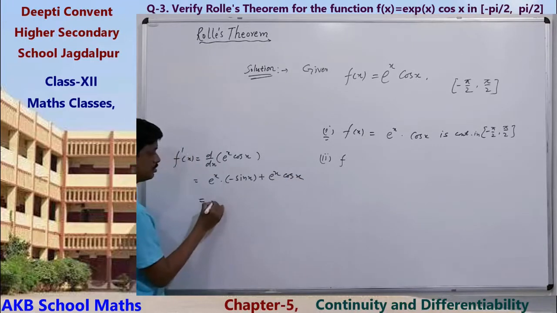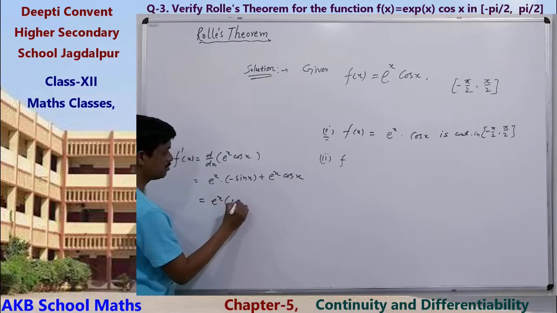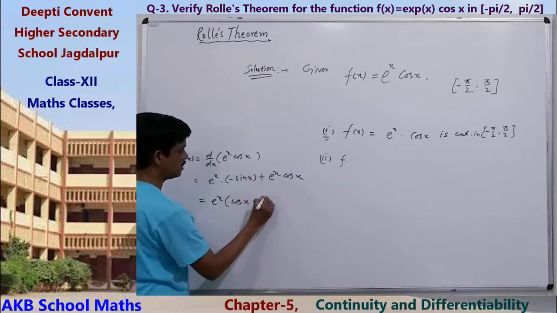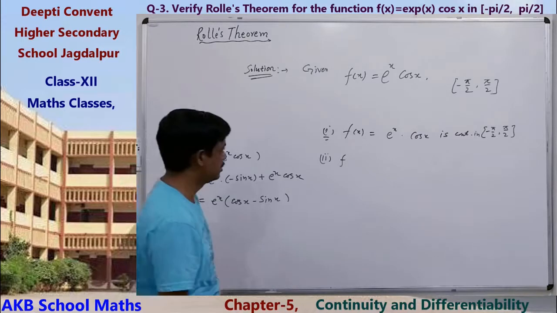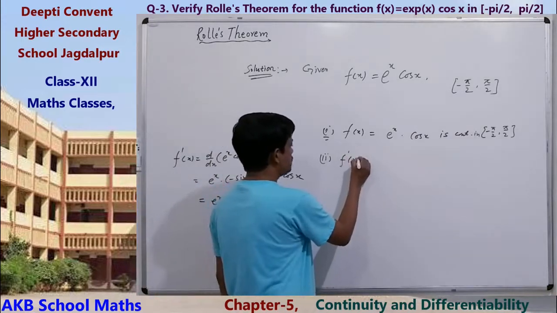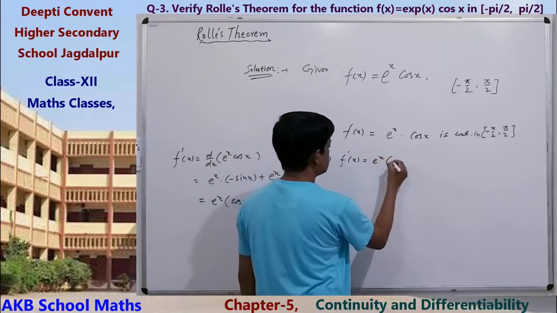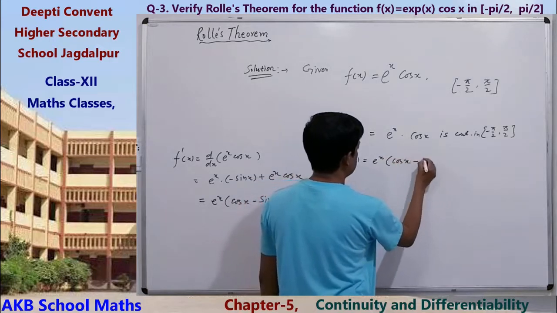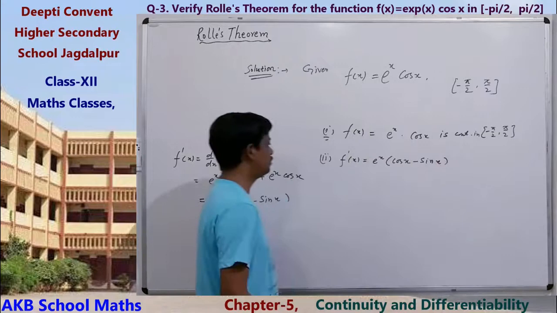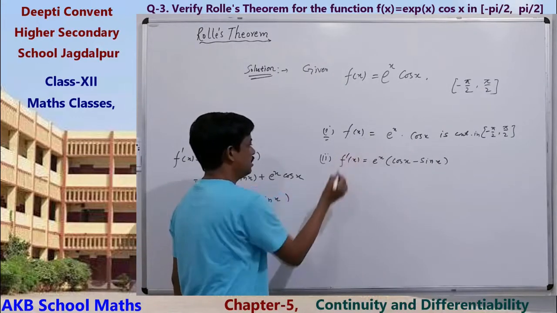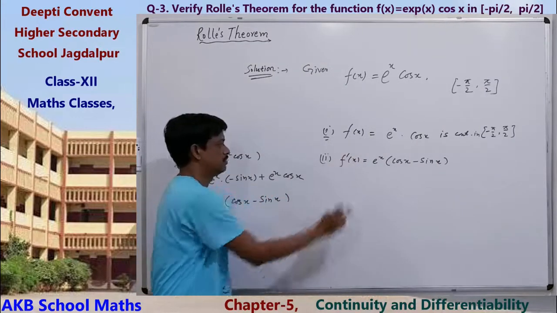So this equals e to the power x common, cos x minus sin x. So this is the derivative f dash x. F dash x equals f(x) times cos x minus sin x. This is f dash x. Okay.